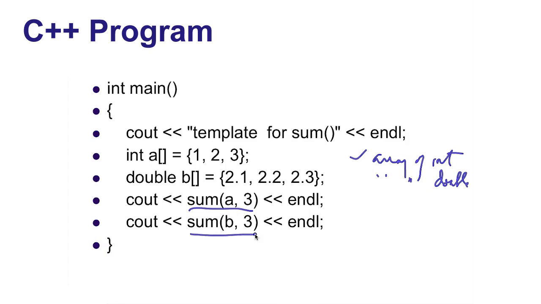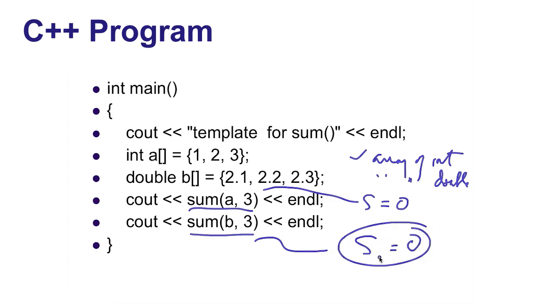And in both cases, there was a default. In this case, it was the sum s equals 0. In this case, it's also going to be s equals 0, but this is going to be in the double domain. So you might realize that notationally that is really 0.0. It's better thought of as 0.0. And the compiler will write that code for you.